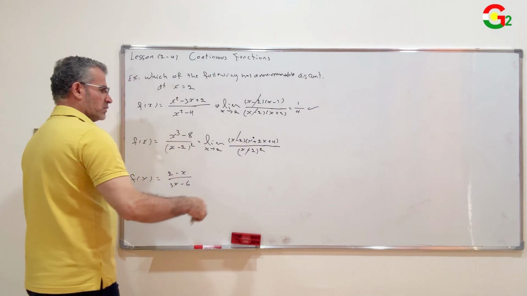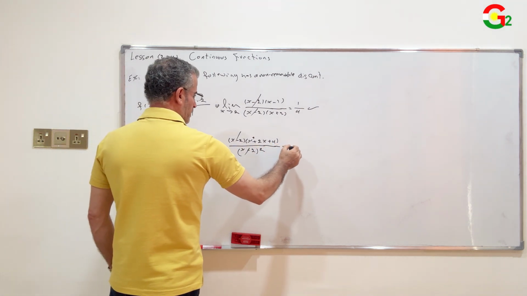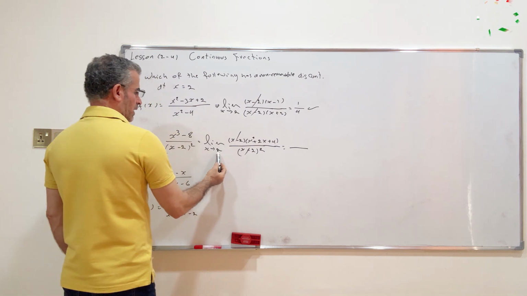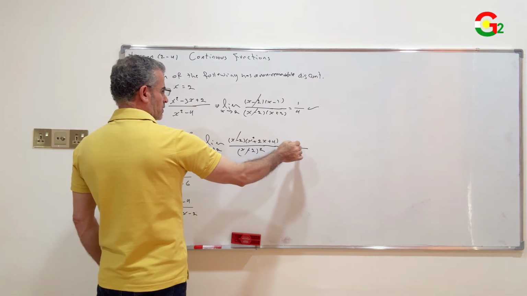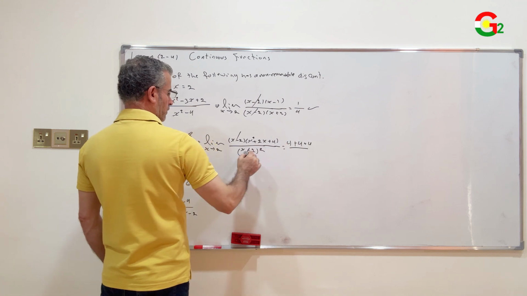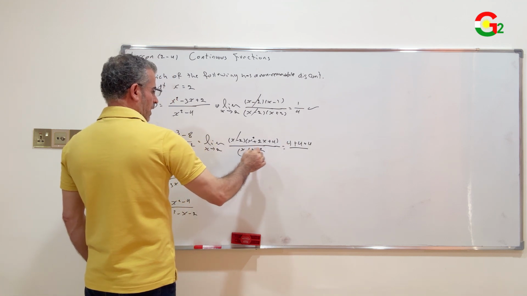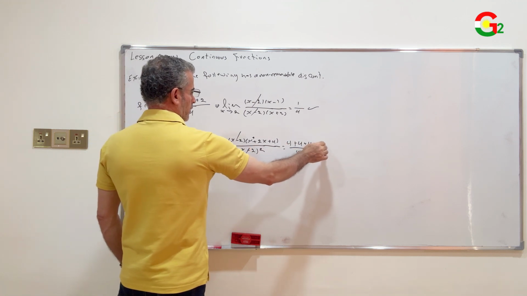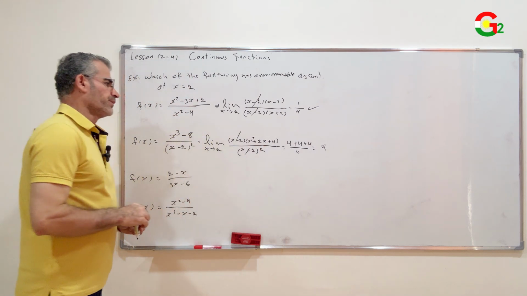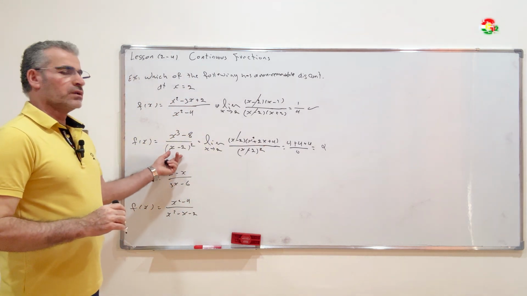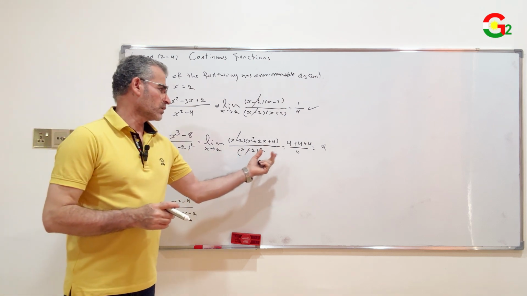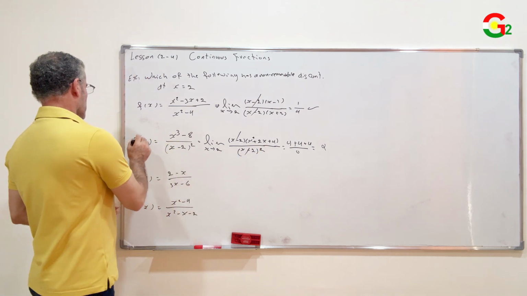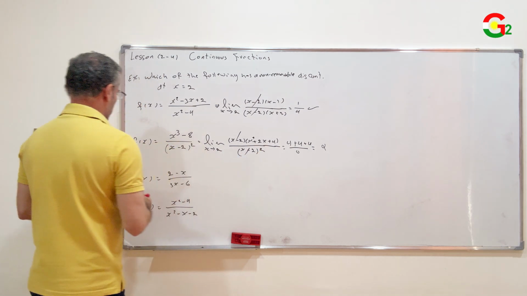Reduce x minus 2 with x minus 2, substitute every x with 2: 2 squared, 4, plus 2 times 2, 4, plus 4 over 2 minus 2, 0. Then this discontinuity is not removable because the limit does not exist. The right choice is B.